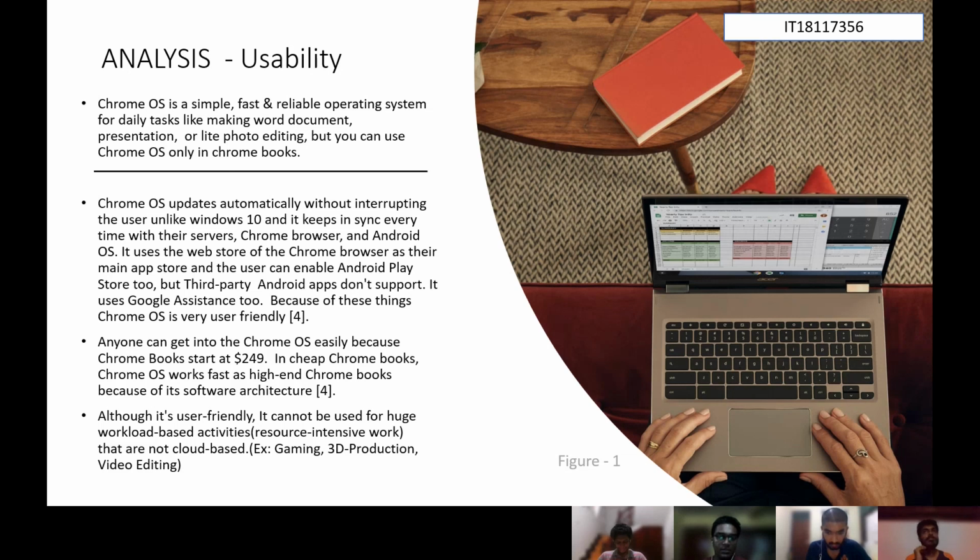So these things are disadvantages. But Office 365 is available, so for normal usage, like a student or someone using their computer for web browsing, you can use it easily.